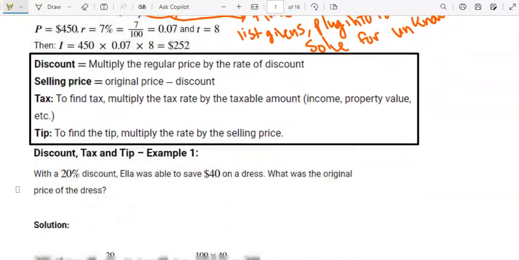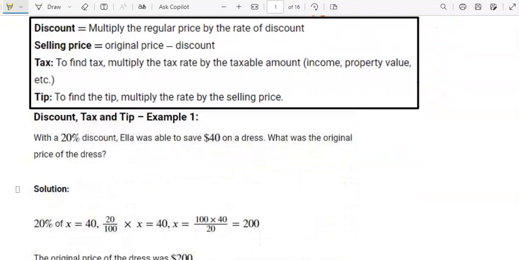Let's look at this box right here. Discount. Multiply the regular price by the rate of the discount. That's to see how much it is off. To get the selling price, you would subtract the original price minus the discount.